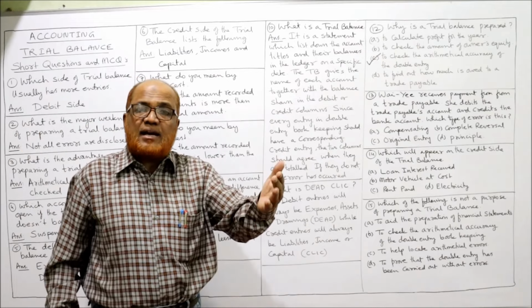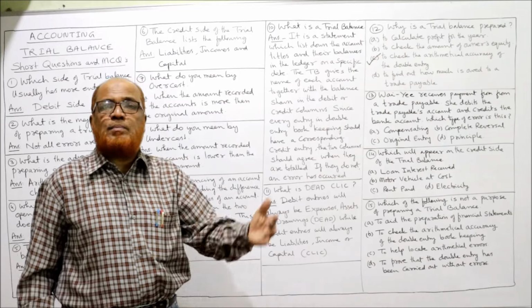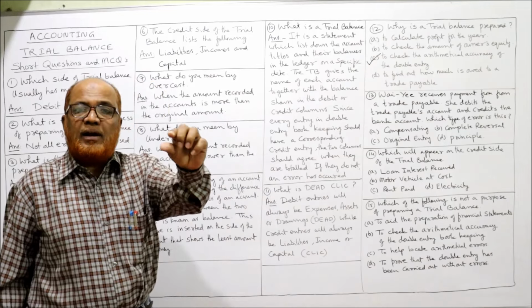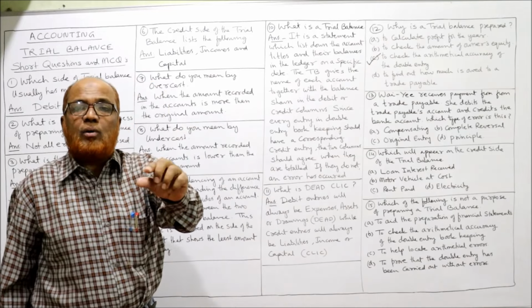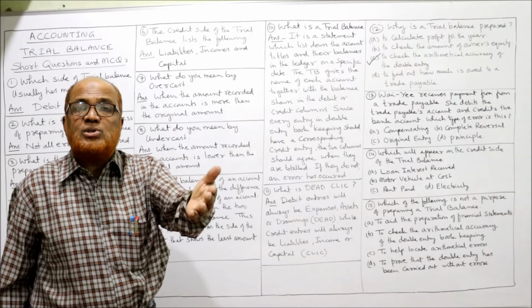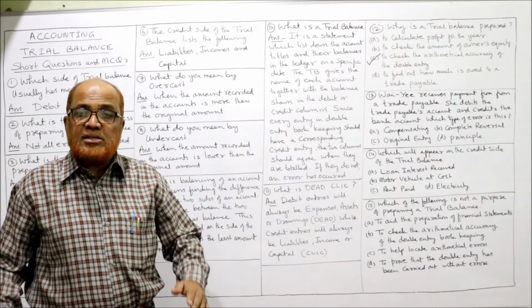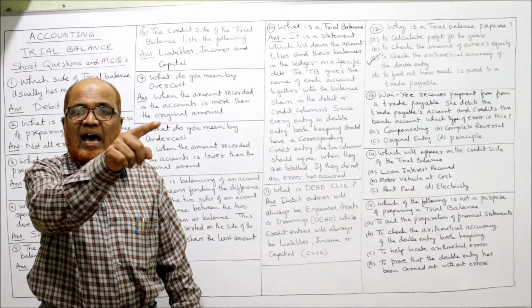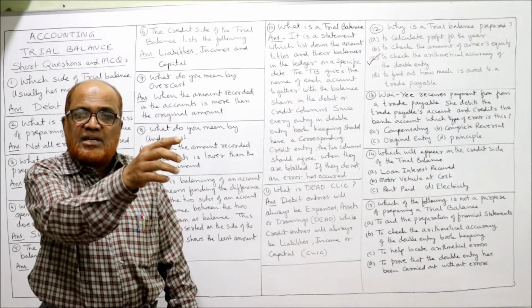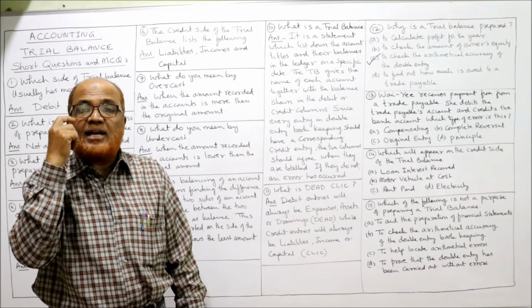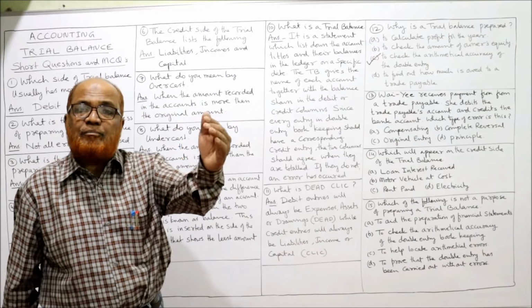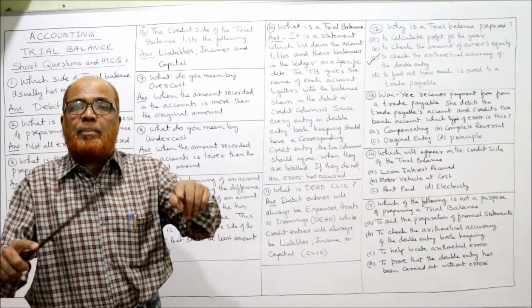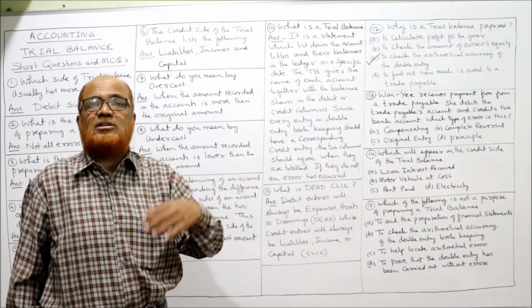But by mistake, what is the entry she has passed? Trade payable debit, bank account credit. She has done the opposite. She has completely reversed. Actually, bank should have been debited, but by mistake she has credited. Actually, trade payable should have been credited, but by mistake she has debited.